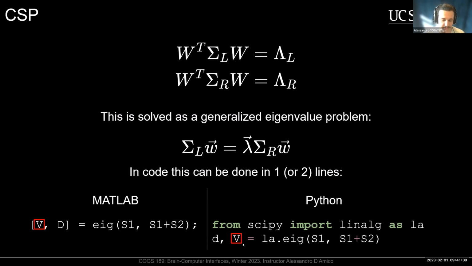Also, as a note, if you take a toy data set and try this in MATLAB and Python, you're not guaranteed to get the same eigenvectors. There are infinite eigenvectors that are just non-zero scalar multiples of the eigenvector.